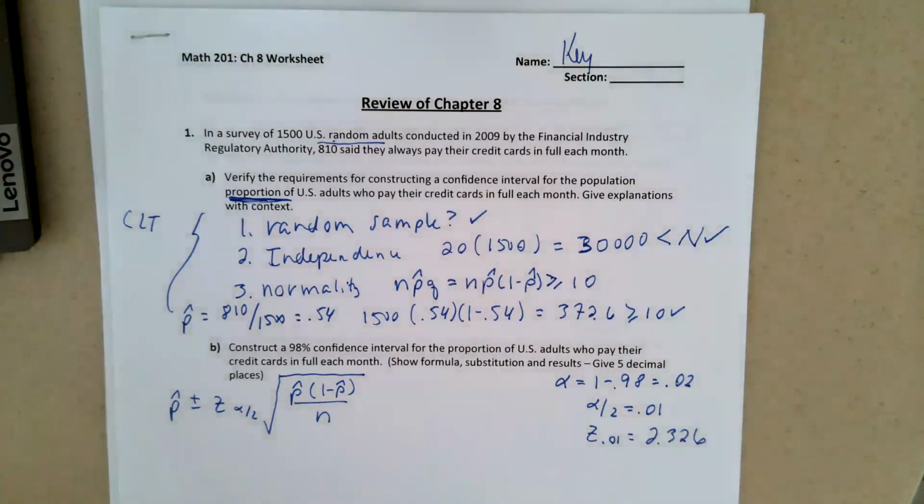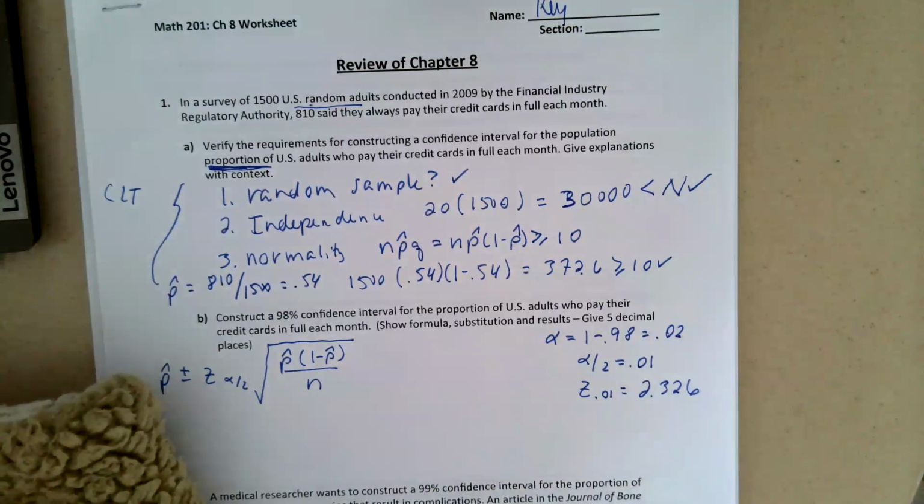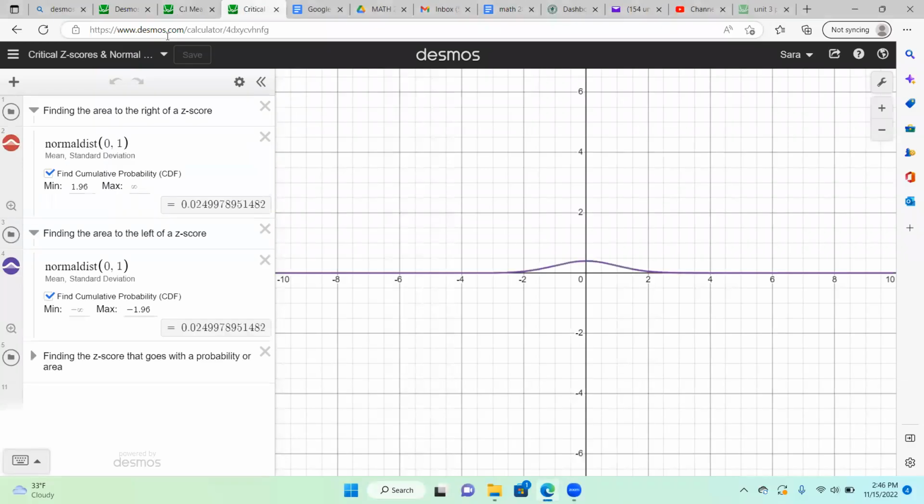Now, we can also find that in Desmos. And I'm going to give you just a retraining on that. There is a tab in Canvas that's called Critical Z-Value Scores and Normal Curve. In here, we don't want the area to the right.